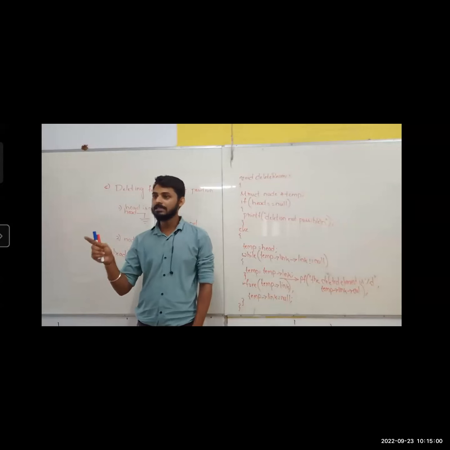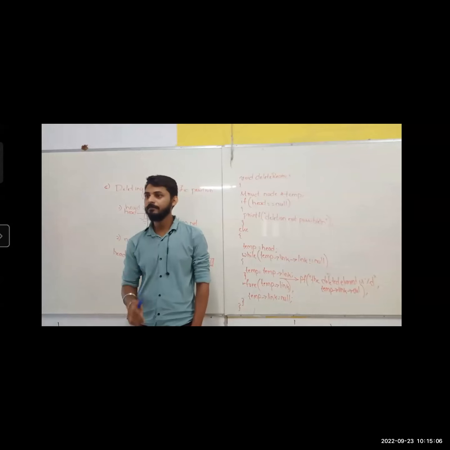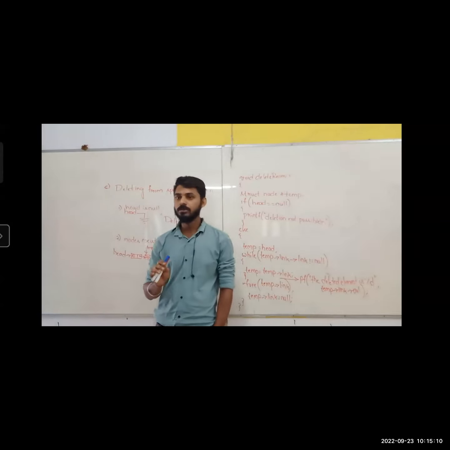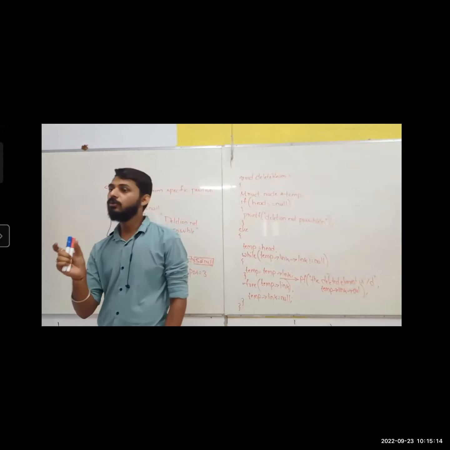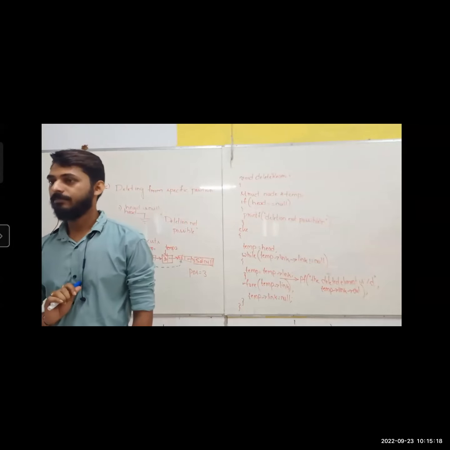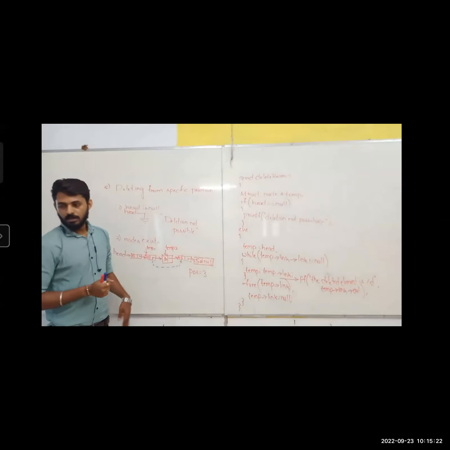Because at last, after creating a connection from 14 to 16, if temp 2 is not there, will I have anything? But I want someone to point to the 15th node because I want to delete the 15th node. So I am using 2 temporary variables here, which can hold the address of a node. Clear?